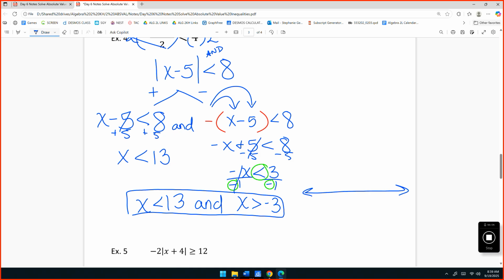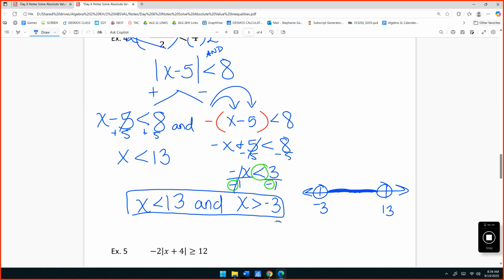So y'all don't have a number line printed for this one, do you? Right? Okay. That's fine. We'll just make one. -3, 13, open circles, in between. So that's our solution graph.